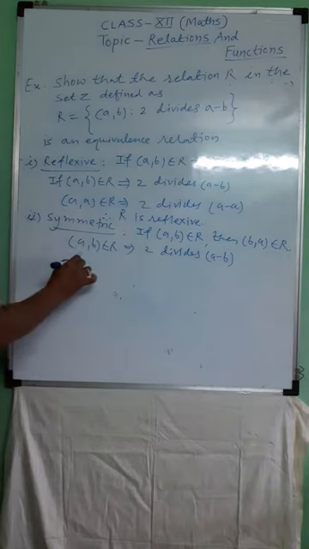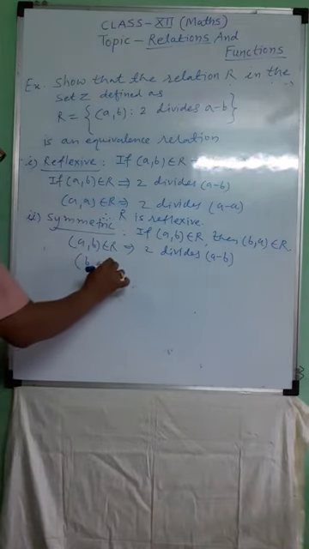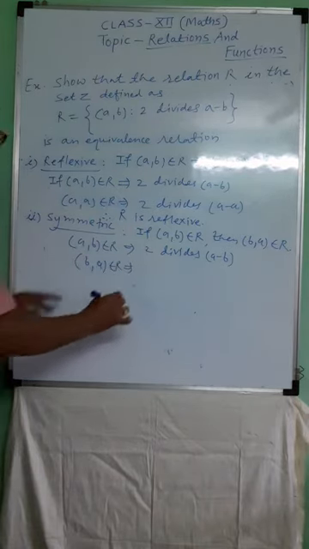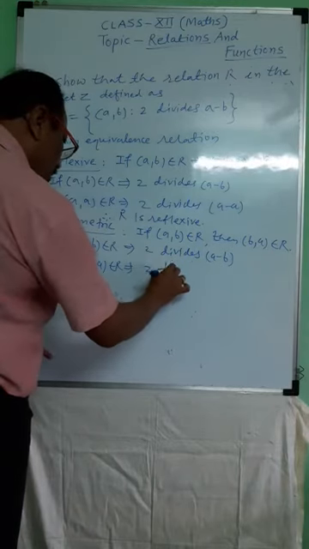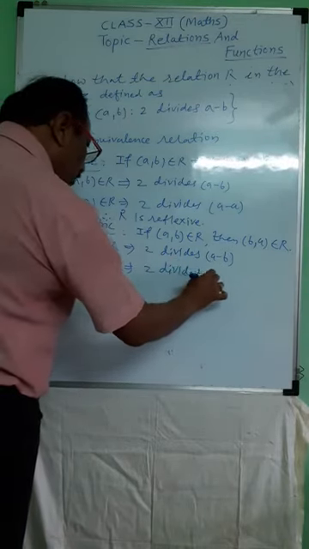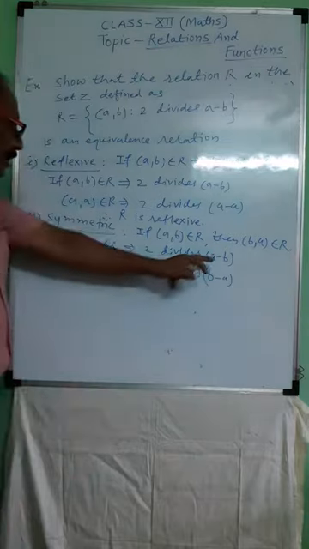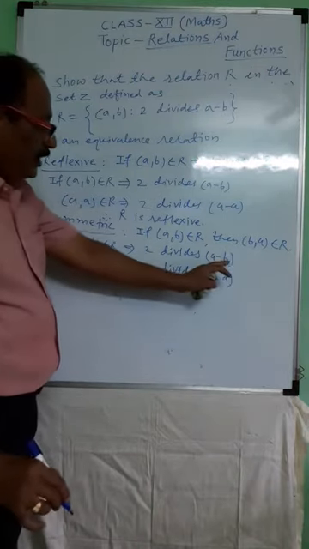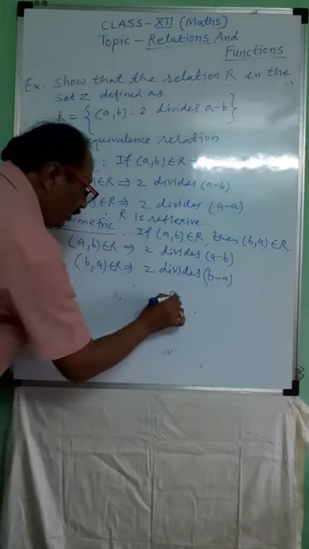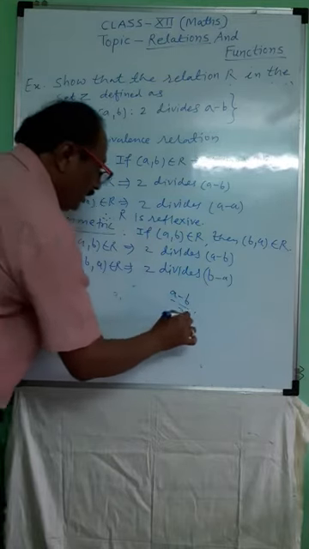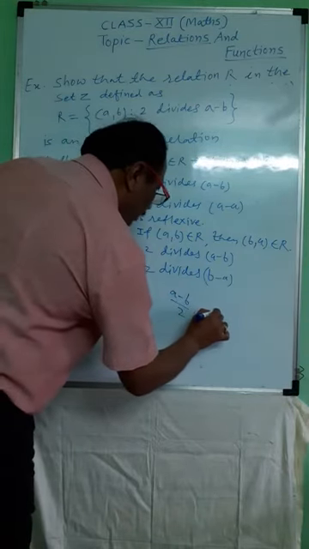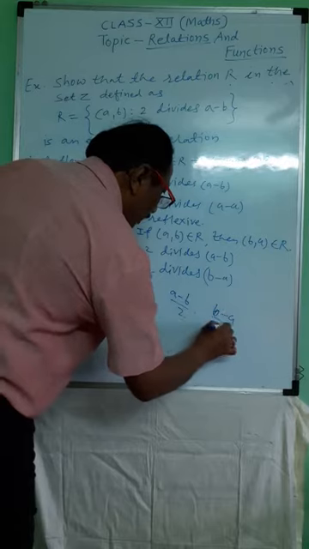Then is it possible that (b, a) belongs to R? (b, a) belongs to R means 2 divides b minus a. If 2 divides a minus b, then 2 divides b minus a also.